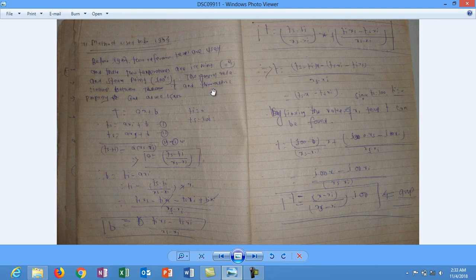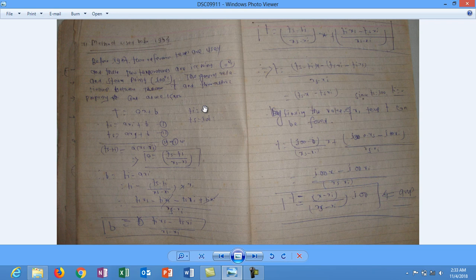So in this condition, the temperature will vary linearly.